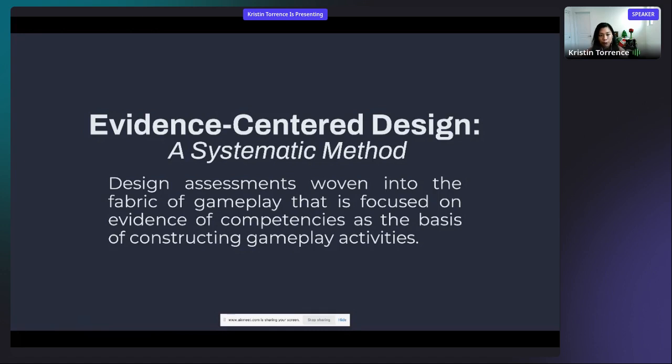By approaching game design with the end goal of assessment in mind, we're able to intentionally design game activities aligned with target competencies. Learners interact with the game activities that we develop and create; they act on the environment and make decisions. Those actions then produce evidence that we can use to infer learner proficiency.